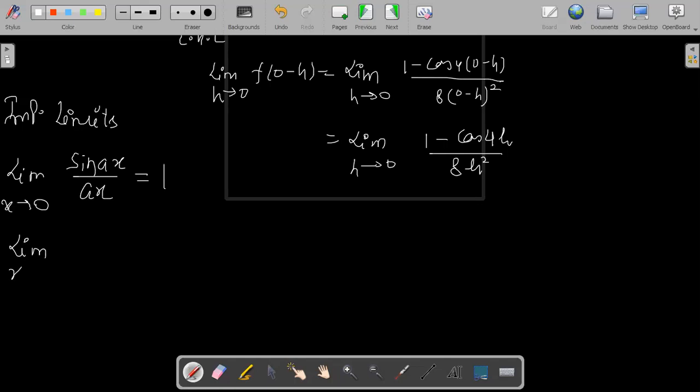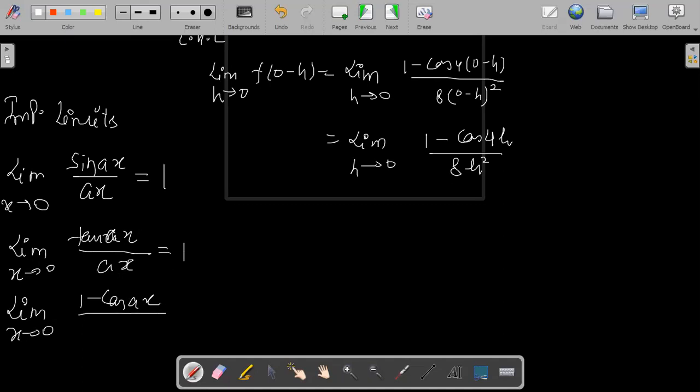Secondly, limit x tends to 0 of tan ax upon ax also gives us 1. Limit x tends to 0 of (1 minus cos ax) upon ax square.